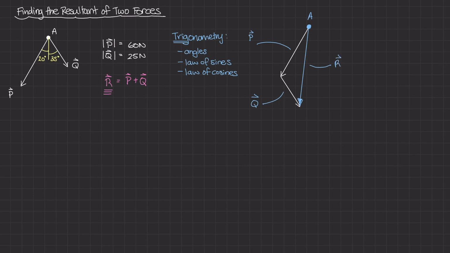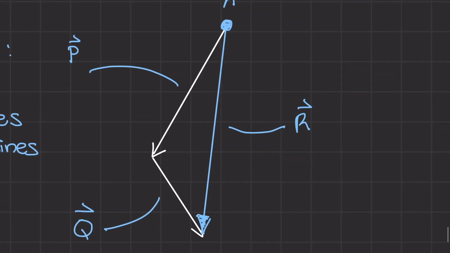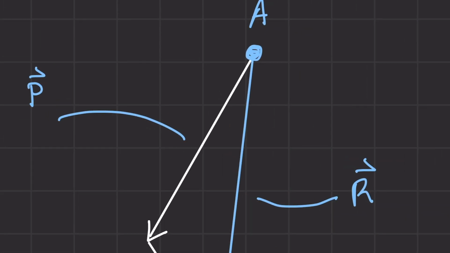Now, if you look back at this diagram right here, you'll notice that I've drawn this reference line in the vertical, and that gives us the angles in which P and Q are acting. When we translate these angles into this diagram, I think the first place to start is probably somewhere at point A. At point A, I'm going to draw that same vertical reference line here, because I know that this angle right here that P is making with this yellow vertical line is 20 degrees.